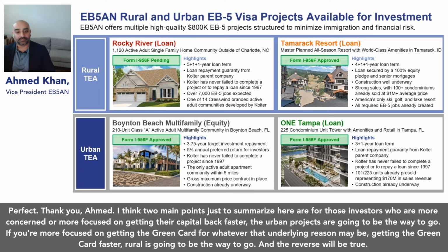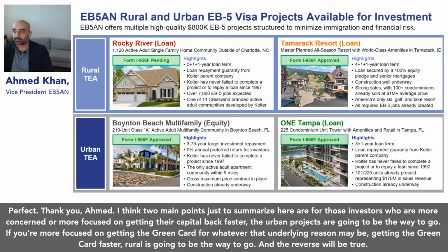Perfect. Thank you, Ahmed. I think two main points just to summarize here are, for those investors who are more focused on getting their capital back faster, the urban projects are going to be the way to go. If you're more focused on getting the green card faster, for whatever that underlying reason may be, rural is going to be the way to go, right?